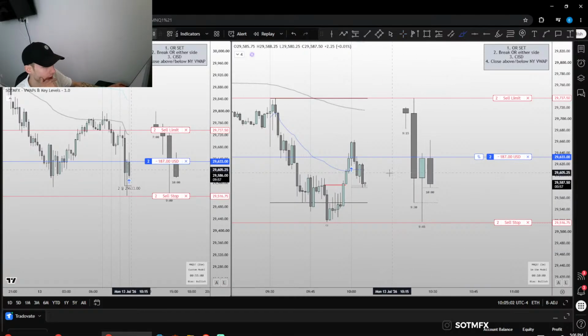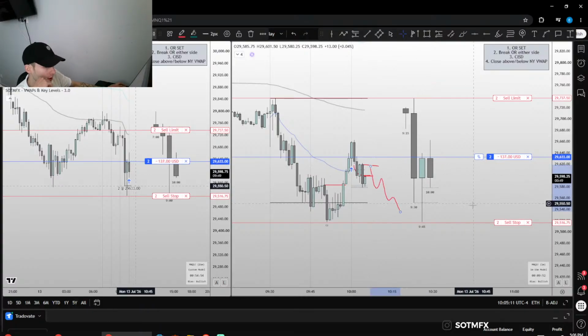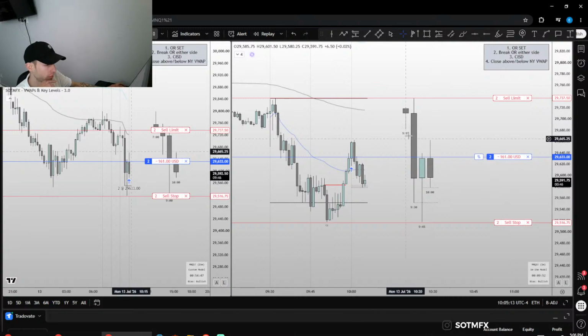Price did create the support. Now we have a break of support. Now if price doesn't close above here, most likely price will continue pushing lower. But you know, it is what it is.